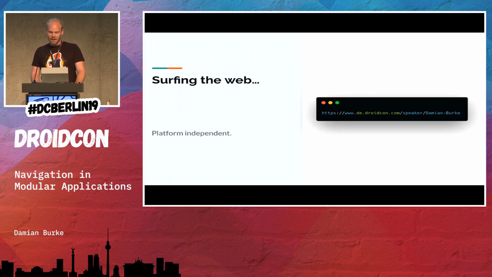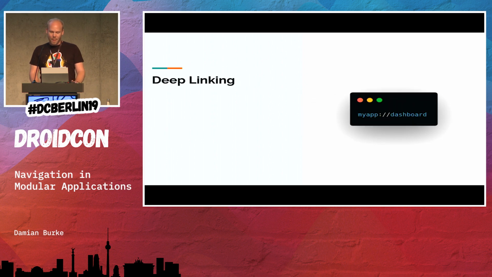And if we want to apply this to, for example, the web, the scheme is HTTP or HTTPS, but we can also do the same for our applications by just using our own scheme, for example. We can also override or do pattern matching with HTTP links to redirect the user into our app. But in this case, we will take a look at custom schemes.